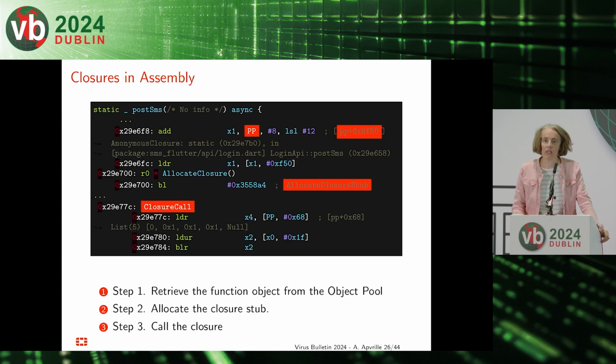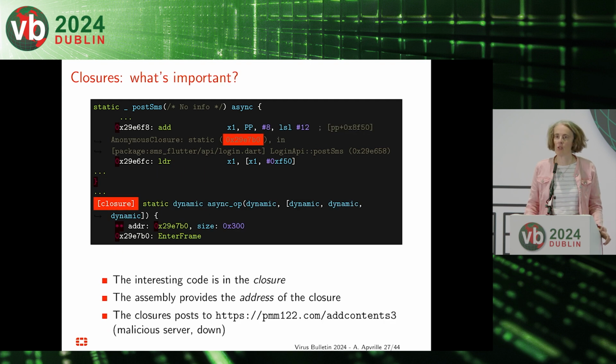When you have a look at that in the assembly code, we're not going to get too much into the specifics, but we see that we're loading something from the object pool. We're loading the closure object, and then we're allocating the closure, and then we are calling it. So that's interesting to know how it's working, but as far as we are concerned, the only thing we care about is the address of the closure.